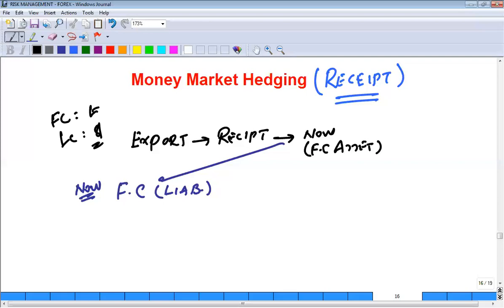And what will actually happen after 1 year, if the bank asks me to pay the principal plus interest? On the other hand, I will receive the 100,000 sterling, the same amount, from the customer, and have to pay it to the bank. So our liability equals the asset that will be received.